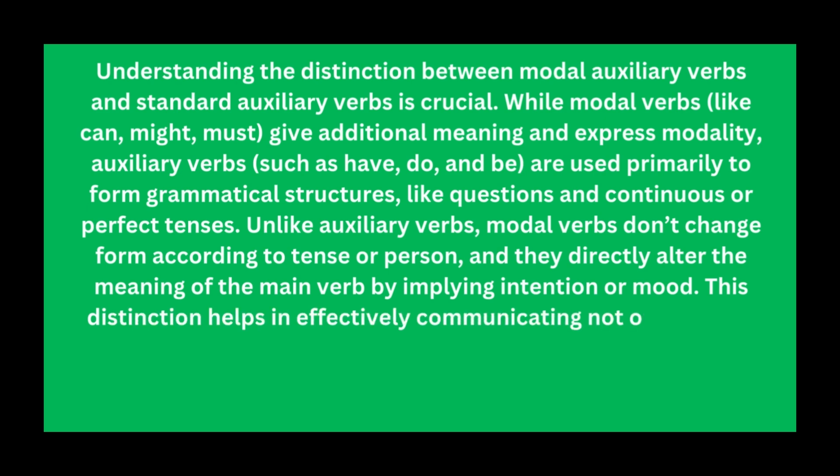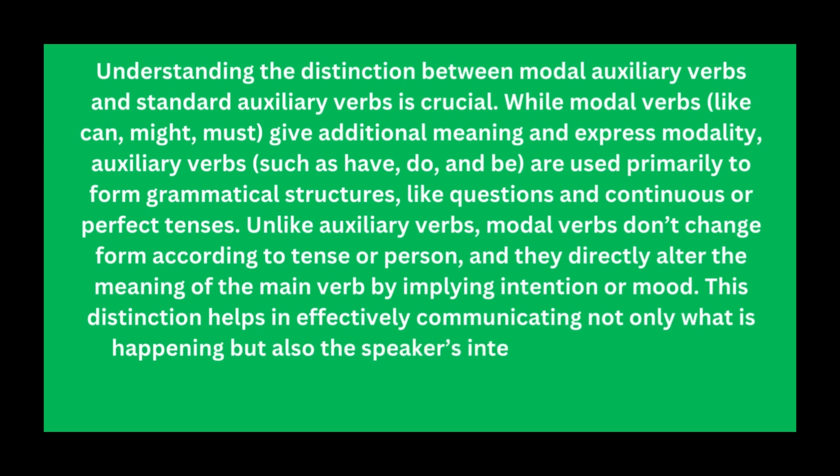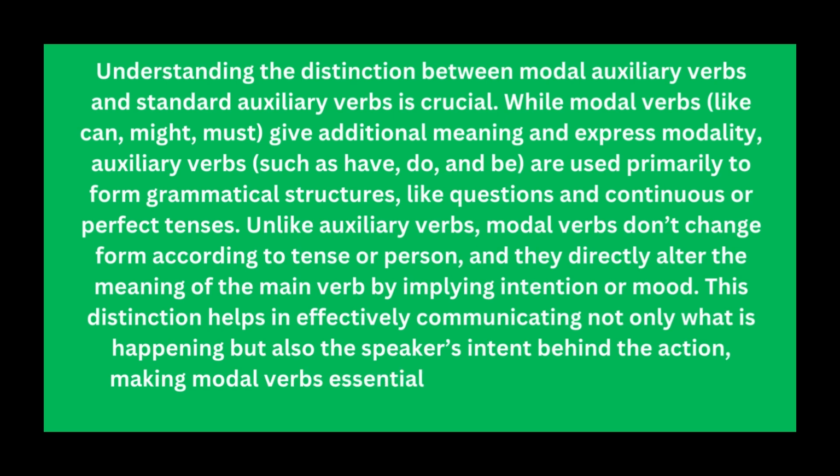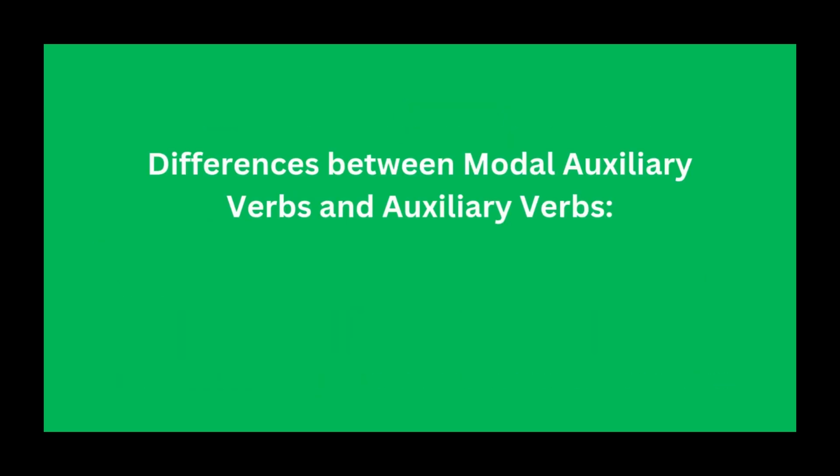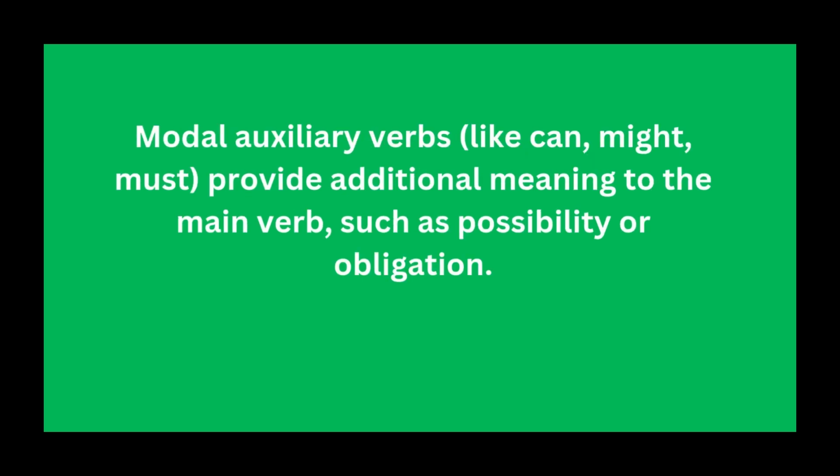This distinction helps in effectively communicating not only what is happening but also the speaker's intent behind the action, making modal verbs essential tools in nuanced expression. Differences between modal verbs and auxiliary verbs.